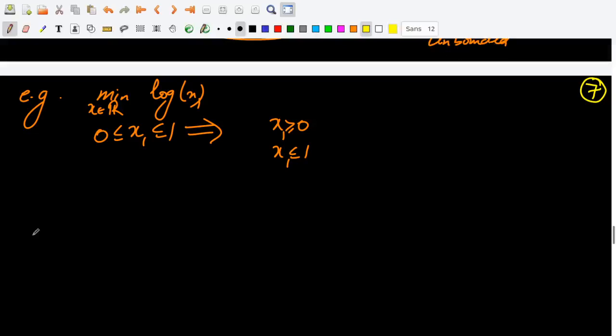So just like we had the notion of local optimality for unconstrained problems, we also have the notion of a locally optimal solution.